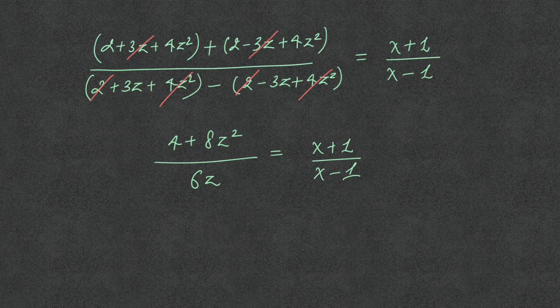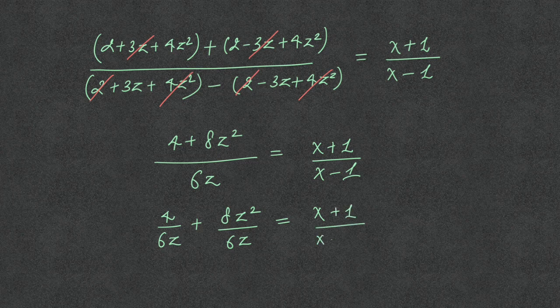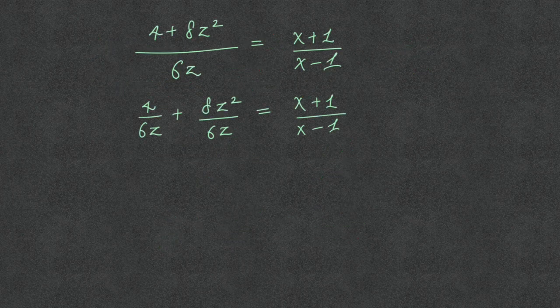Now it becomes 4/(6z) + 8z²/(6z) equal to (x + 1)/(x − 1), and so 2/(3z) + 4z/3 is equal to (x + 1)/(x − 1).